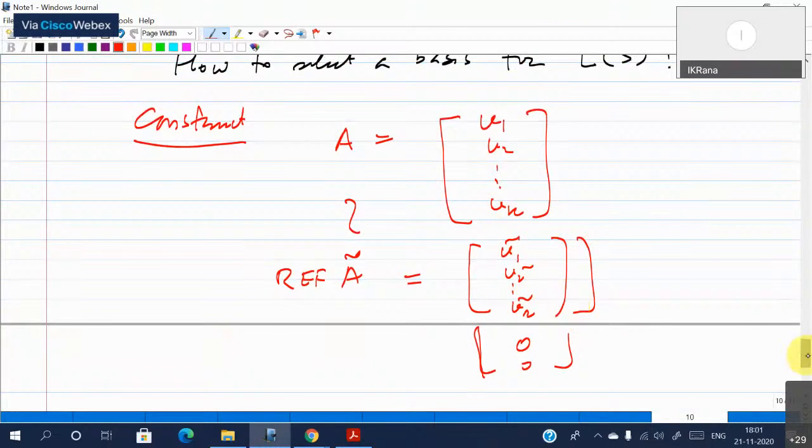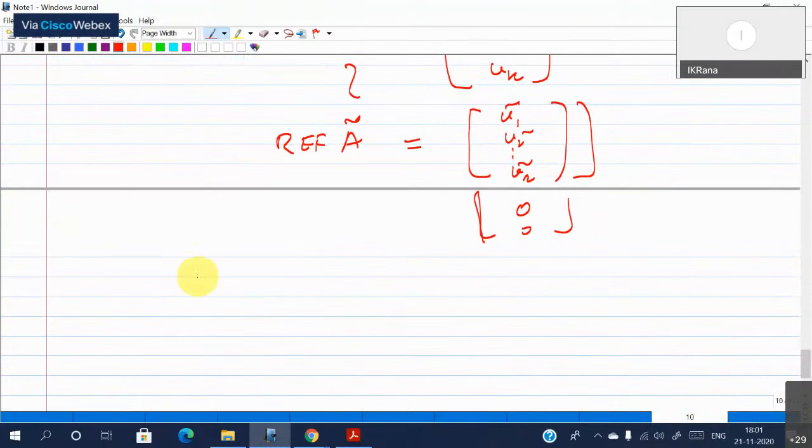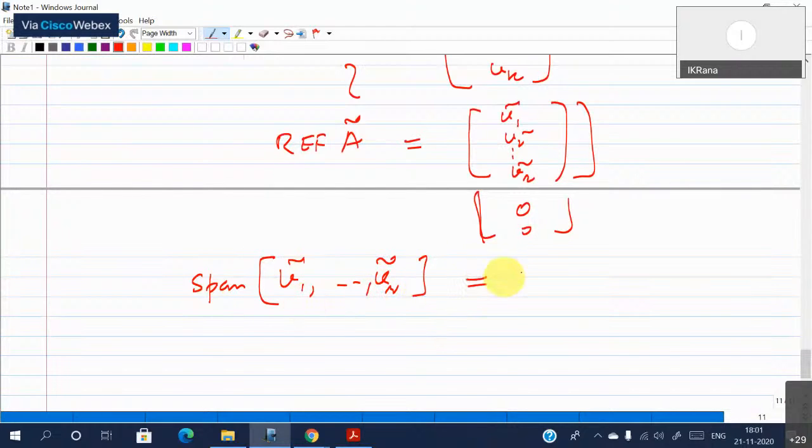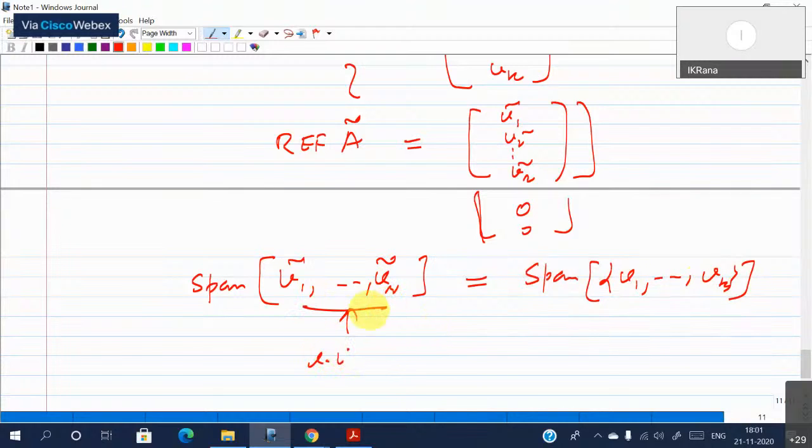Then the claim, as we have seen just now, is that the span of V1 tilde, VR tilde is equal to the span of V1, Vk, the given ones. They are equal, and these are linearly independent. So they form a basis.